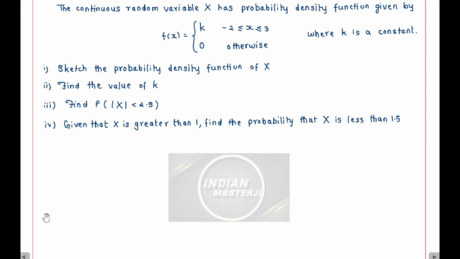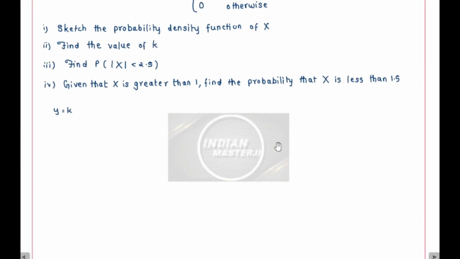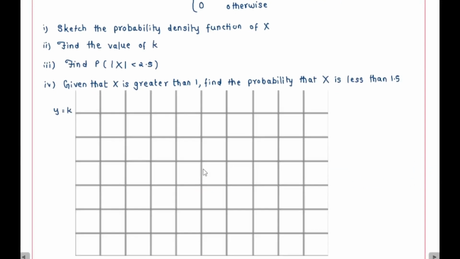Correct? So here y is equal to k means it is a line parallel to the x-axis, and because k has to be positive, it will be a line parallel to the x-axis above the x-axis. Correct? So let's try to plot this particular graph. Let me bring a grid here.